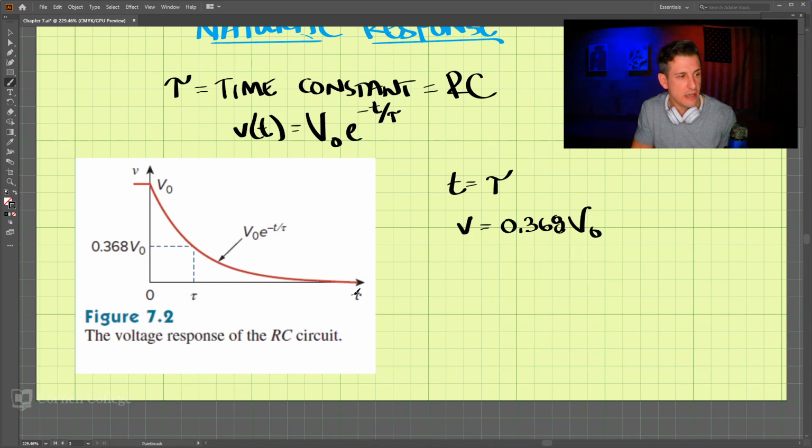So if t is equal to tau, we have 36.8% of V naught. As time goes on, it gets closer and closer to zero.